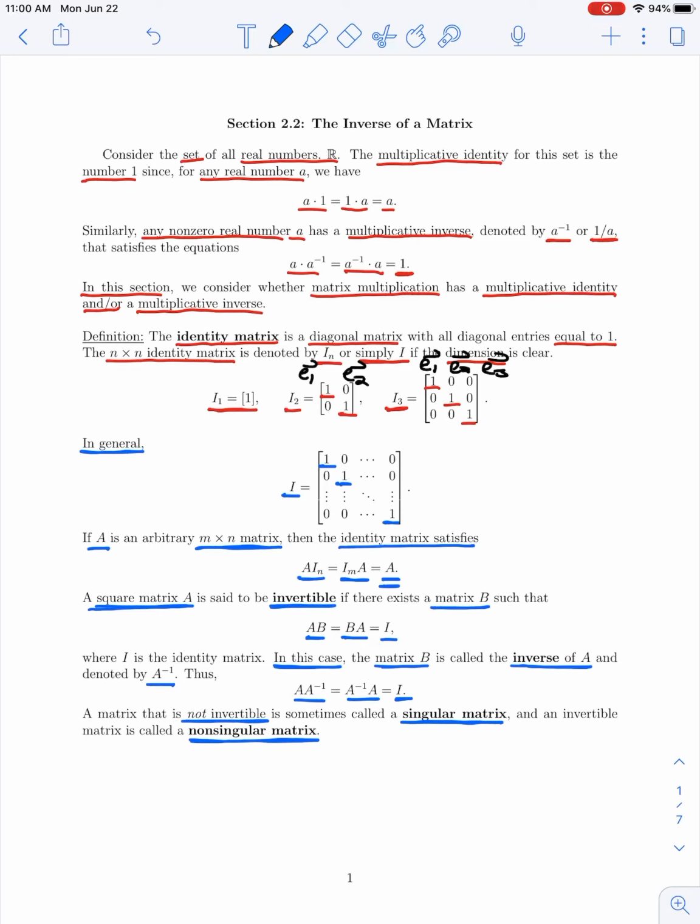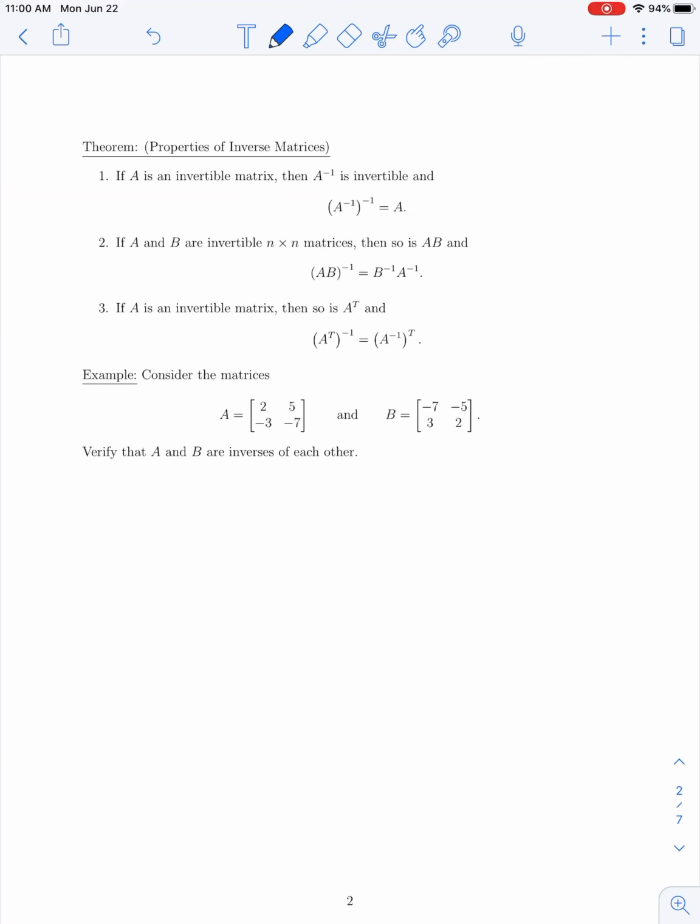So now that we've introduced the concepts of a multiplicative identity for matrix multiplication and the inverse matrix, let's look at some properties that inverse matrices might have. In this next theorem, we're going to consider some properties of inverse matrices.